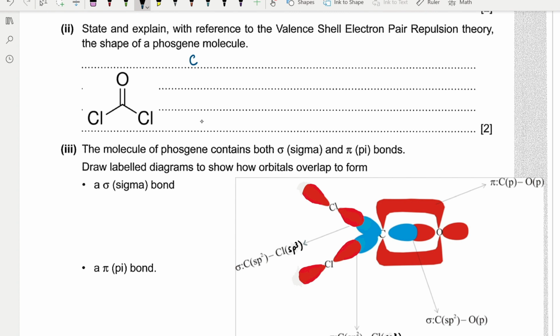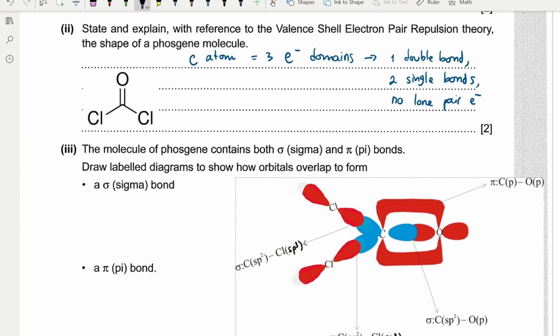Okay, so for the phosgene molecule, the Lewis structure looks like what is on the screen there. The carbon atom has 3 electron domains, and the 3 electron domains are this bond, this and this bond. There is no lone pair of electrons on this central carbon. One double bond and two single bonds, and no lone pair of electrons.